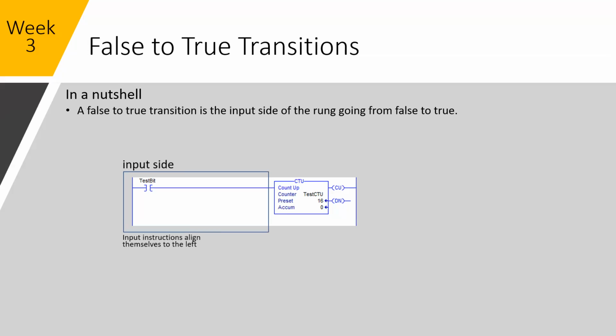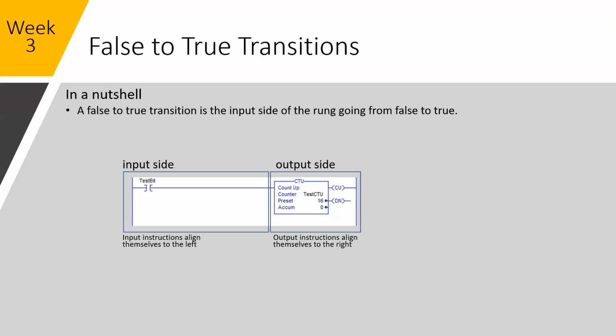So the input side for this counter is on the left. When dealing with ladder logic, the inputs for all functions come from the left. The output side, the instruction on the rung, will align to the right.